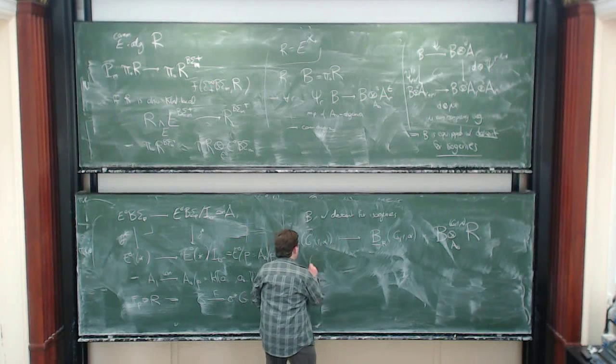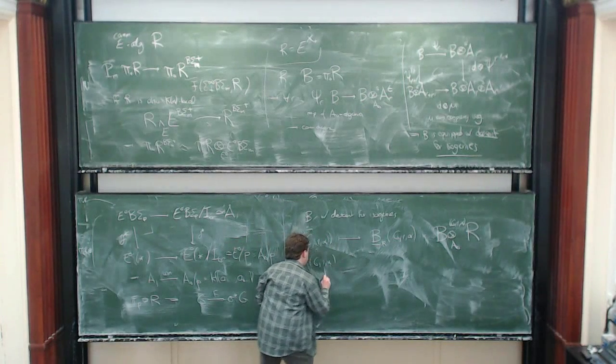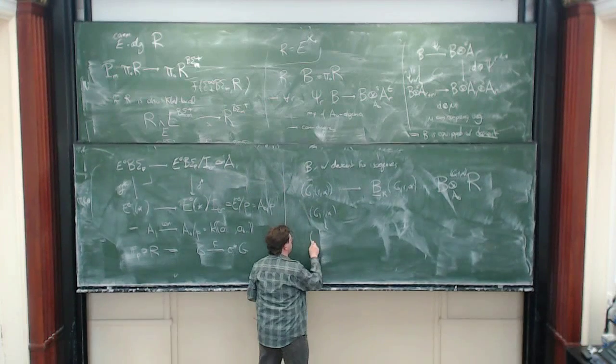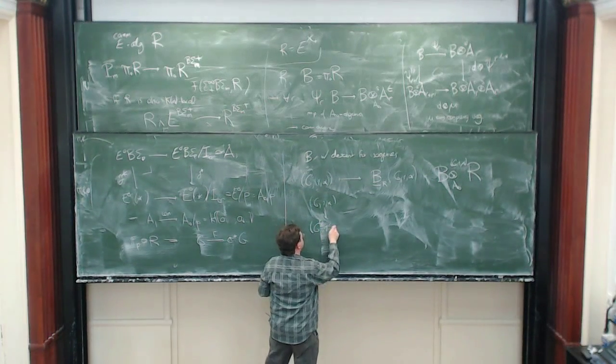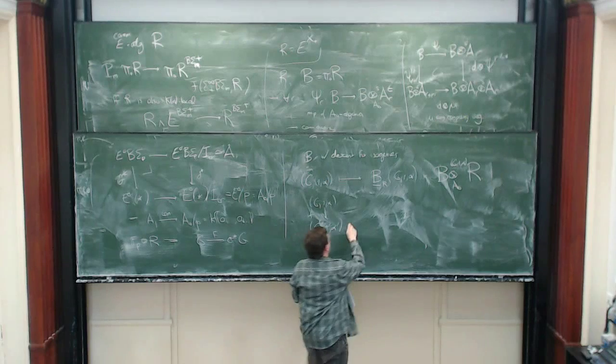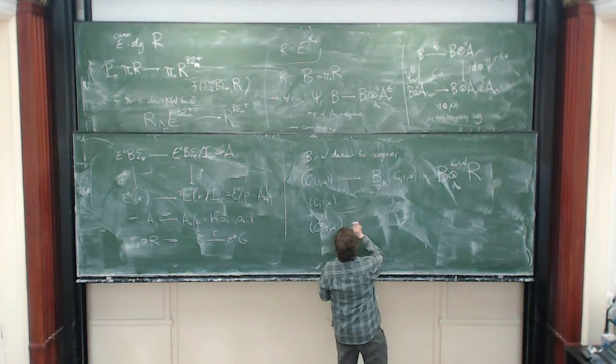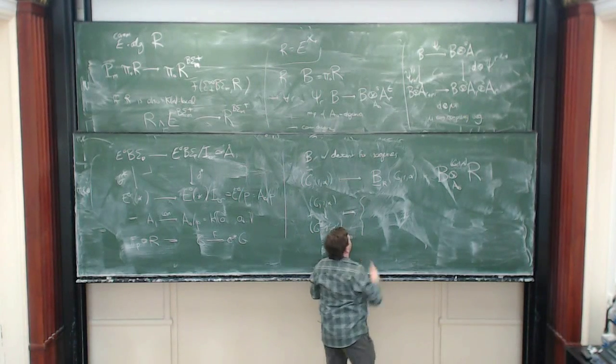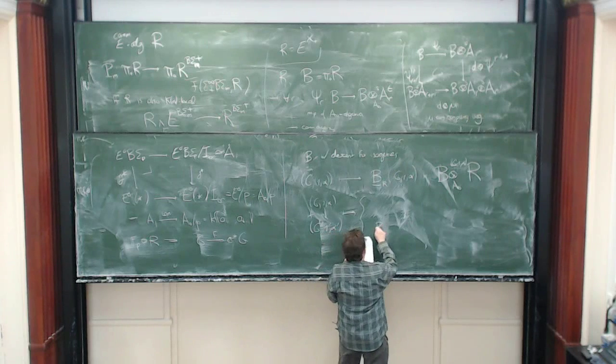But now, if I have a map between isogenies, then there's going to be a corresponding map.